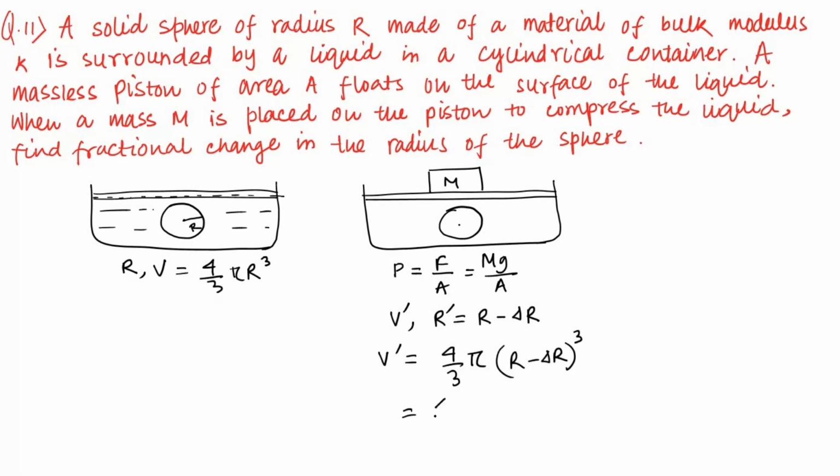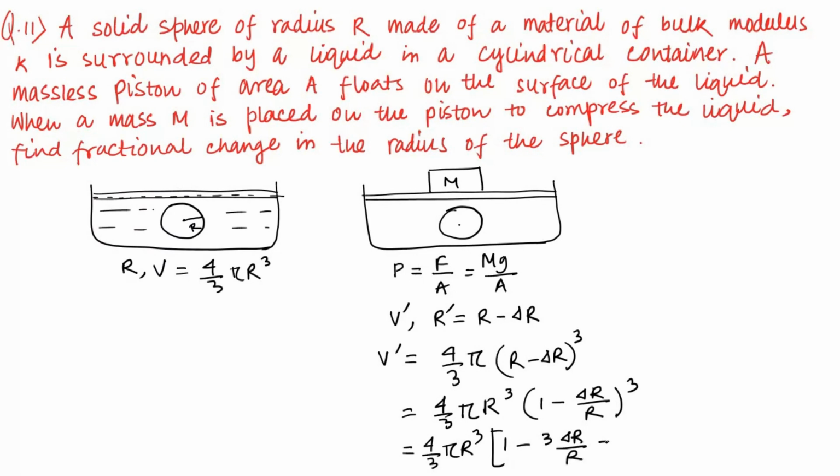From here we can simplify this by taking r cube as common, giving 1 minus delta r by r whole cube, and we can apply the (a minus b) whole cube formula. So 4/3 pi r cube times 1 minus 3 delta r by r plus 3 (delta r by r) whole square minus (delta r by r) whole cube.